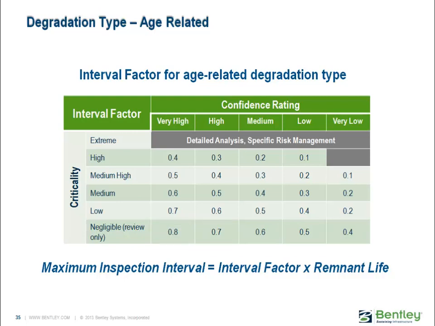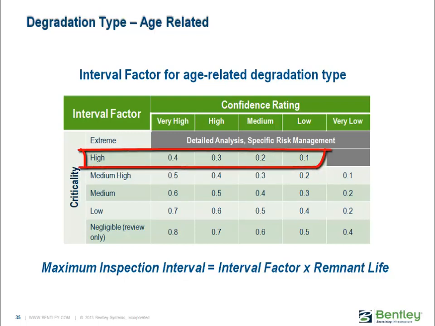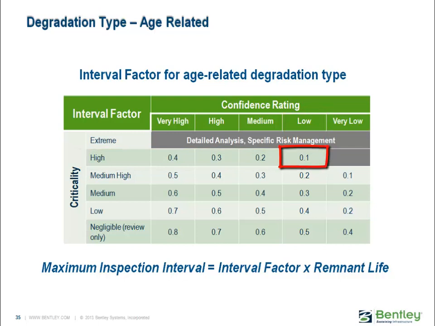The remnant life is calculated based on the corrosion rate selected for that asset. On the other hand, an asset with a very high criticality and low confidence rating can only be scheduled for the next inspection at 0.1 times its remnant life.